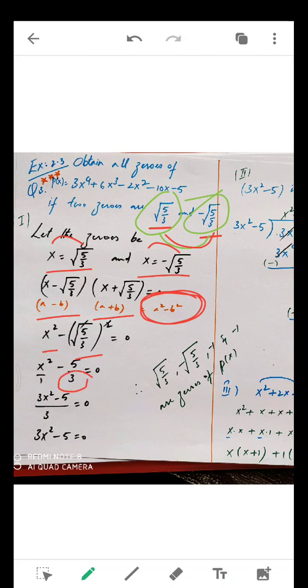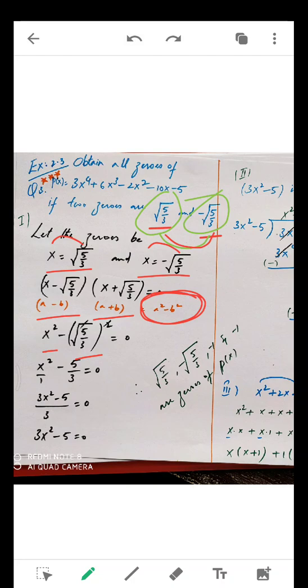The denominator LCM is 3, so 3 comes over here, then cross multiply: 3x square minus 5. This 3 goes to the right, multiplies with 0. 3 into 0 becomes 0. Finally we have combined the equation.